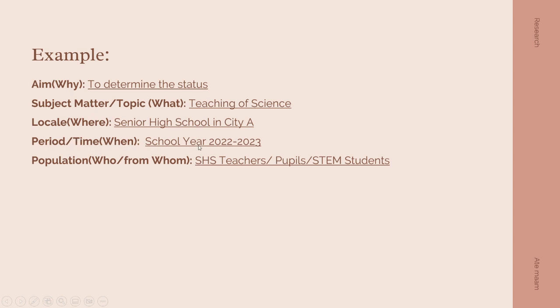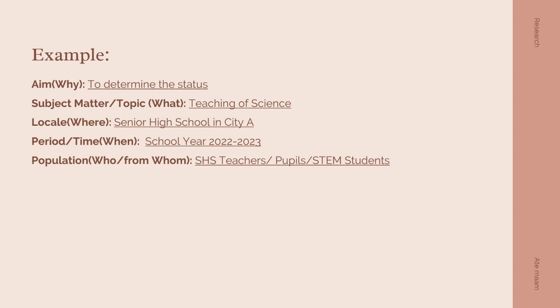So this is an example only. So you can put school year 2022-2023. Next is the population, which is who or from whom, which is an example is senior high school teachers, pupils, STEM students, young students, etc. It is the people that you want to get data from.